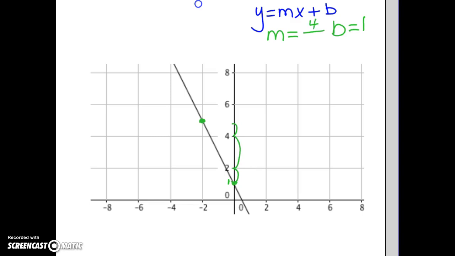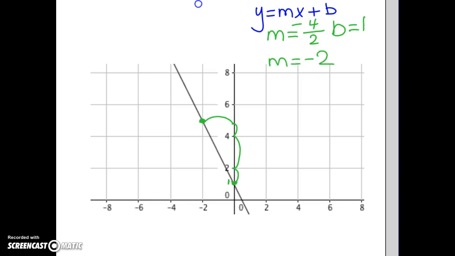And I'm going to run one full box, so that's 2. And I know that this line is decreasing. It is going down, so it is negative. And I also know that I can simplify that: negative 4 over 2 is equal to negative 2.